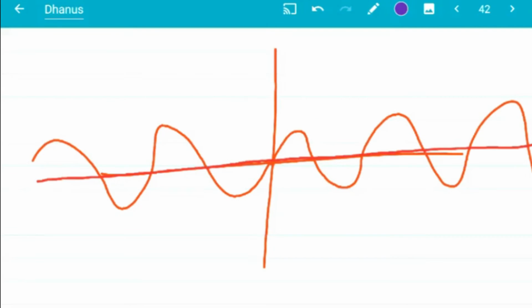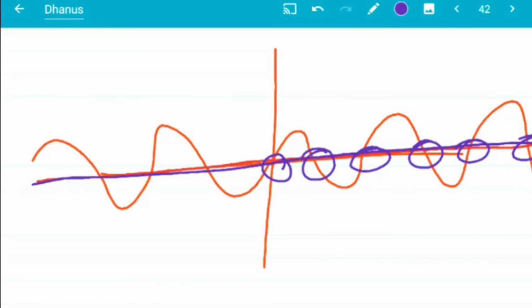If x is irrational, the function will be touching, intersecting here, here, here, here, all these points. So the function will be continuous at these points. And we can go for the next question.